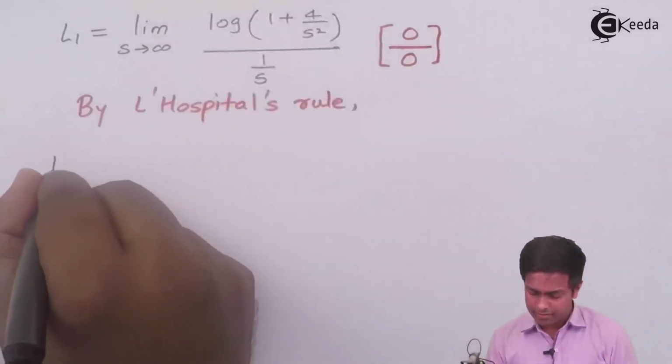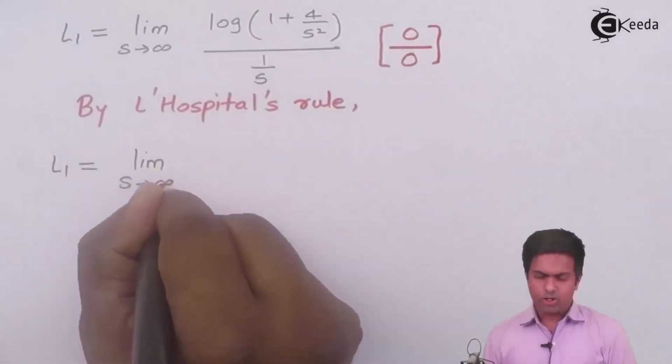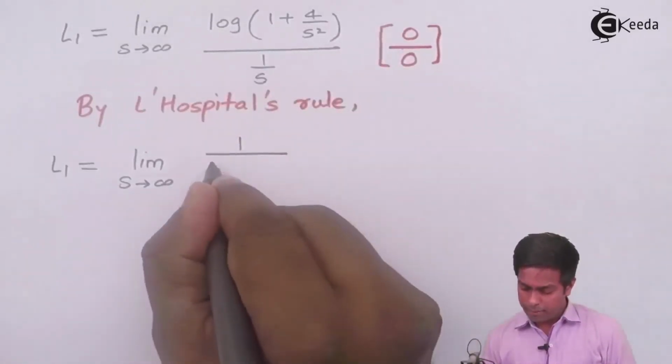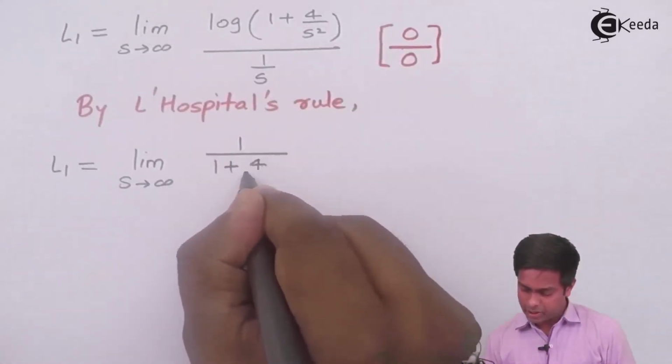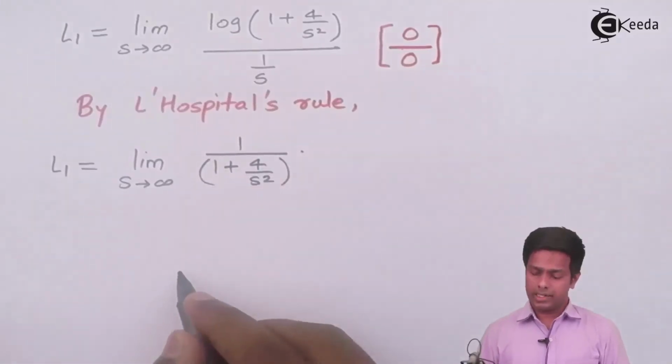The derivative of this log term is 1 upon 1 plus 4 by s square, into the derivative of this.